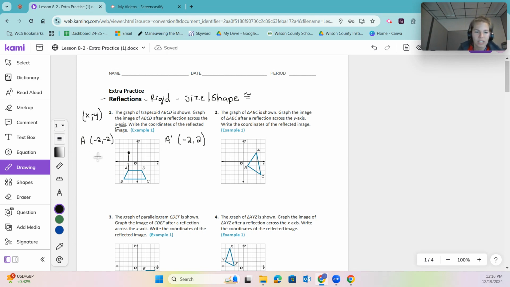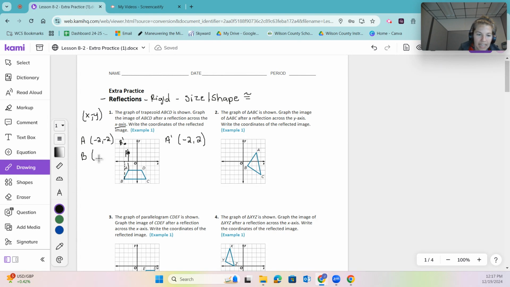So let's do the same thing for point B here. Again, reflections are the same distance from the line of reflection. In this case, the x-axis is my line of reflection. So 1, 2, 3, 4. I'm going to go +4 here, and that is going to be point B prime.